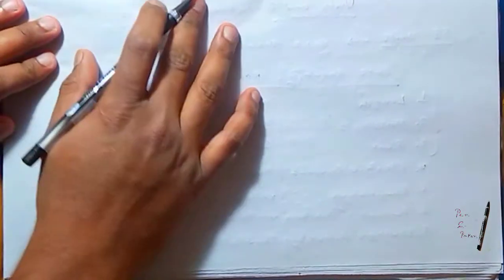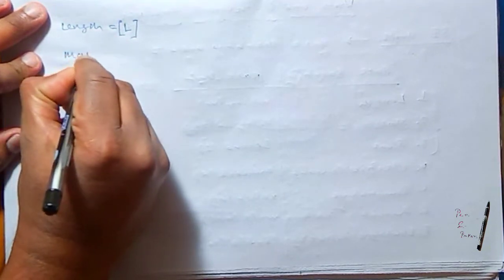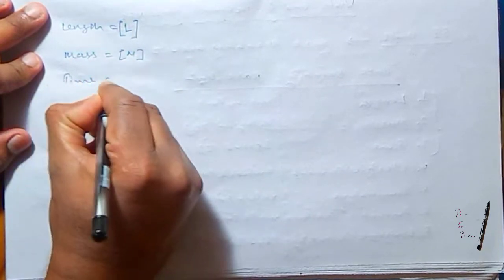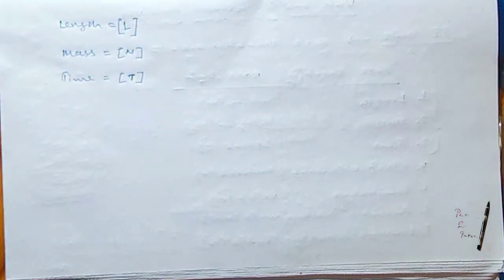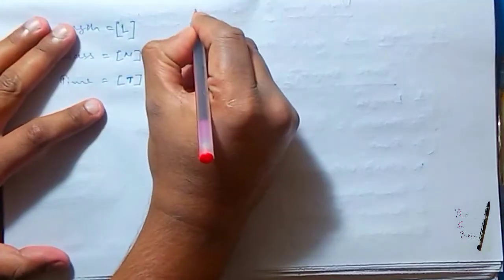The dimension of length is expressed as L. Dimension of mass is expressed as M, and the dimension of time is expressed as T. We express the dimension always in square brackets.